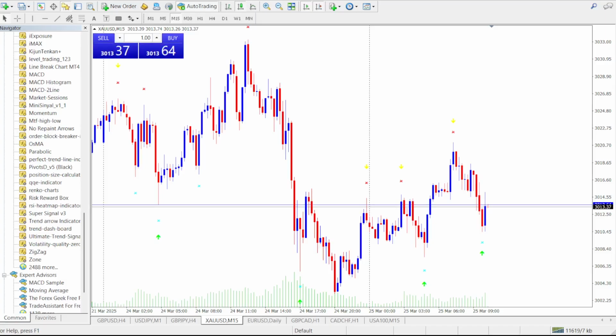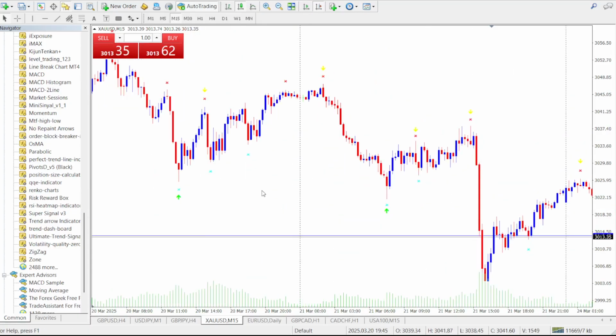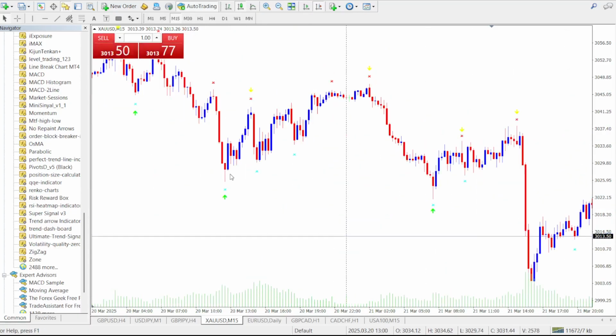So how do you use this indicator for trading? Well, for a buy signal, when a green arrow appears, it signals that a bullish move is incoming, so traders may want to look for buy opportunities.